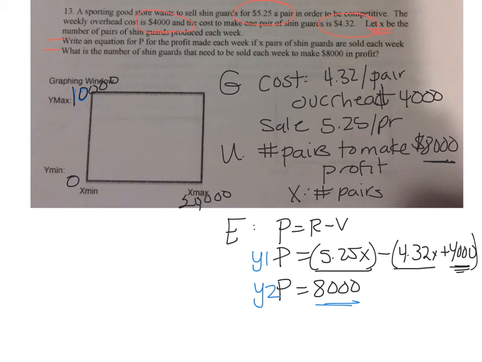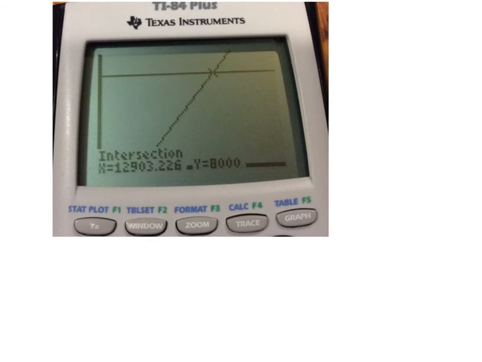So we're going to put that equation in with an X min of 0, an X max of 20,000, a Y min of 0, Y max of 10,000, and we're going to put both the Y1 and the Y2 in. And when we do that, we get the graph that I'm about to show. So we can see that this is the graph of the profit. That's the profit line.